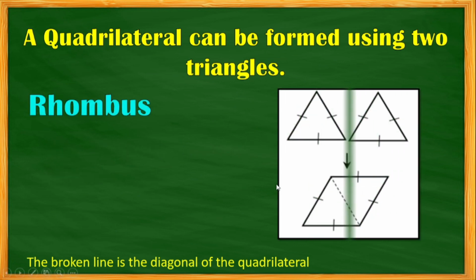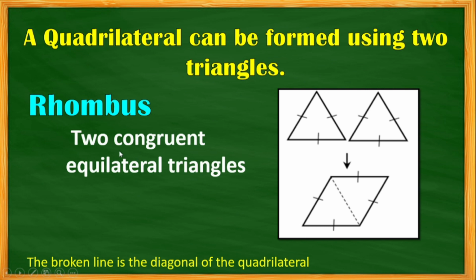And then another quadrilateral is a rhombus. A rhombus can be formed by combining 2 congruent isosceles triangles. This would be an isosceles triangle because the measure of this side is equal to this side and this side.